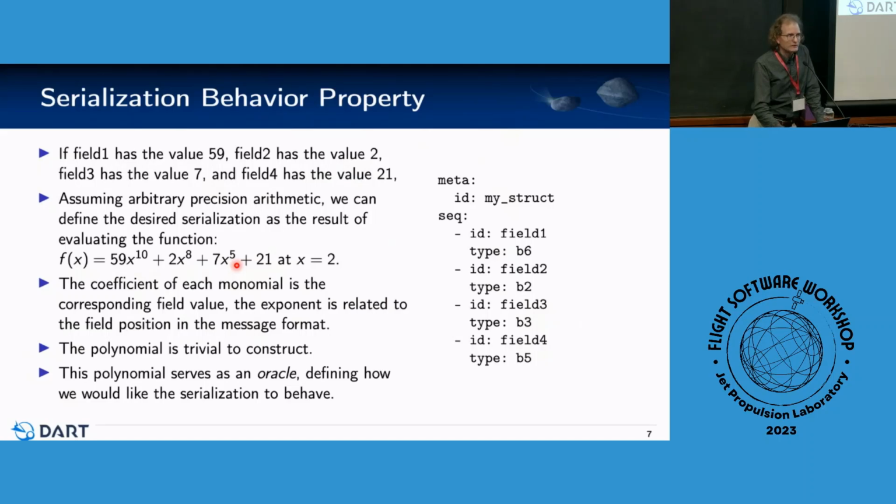And so we can say that this polynomial serves as kind of an oracle for our serialization behavior. If you're trying to implement an algorithm and you want to make some stronger verification claims against it, one of the things you can try to do is figure out one of these oracles, a kind of trusted version of your algorithm.